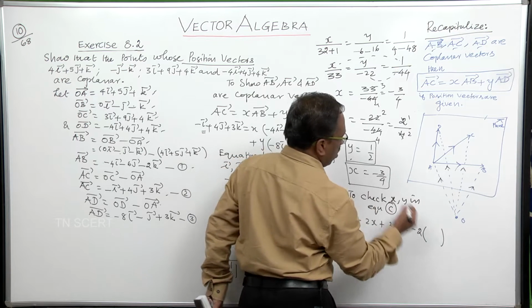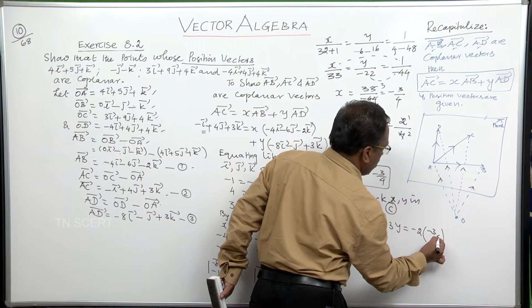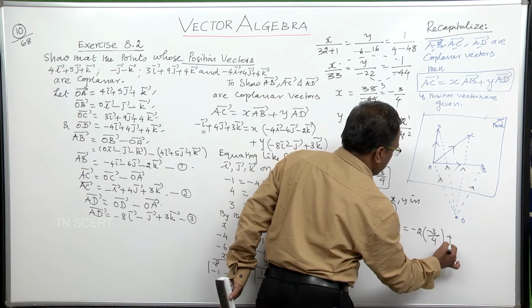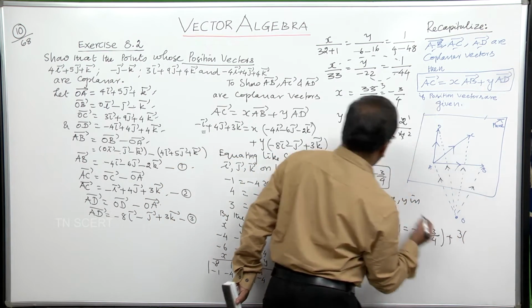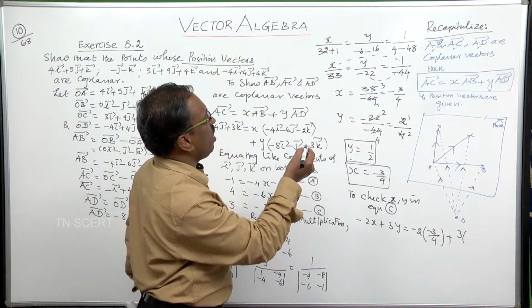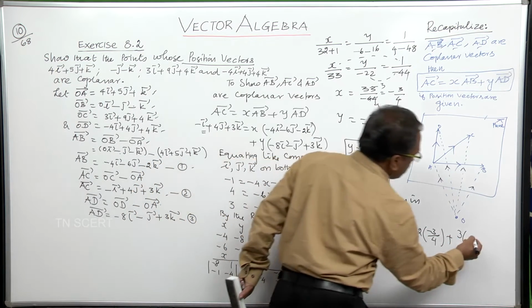X is what? Negative 3 by 4, plus 3 into y. Y is what? We have it is 1 by 2.